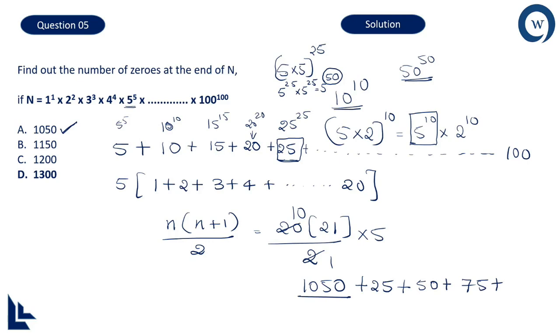And in 100 power 100 you have taken only 100 times 5, but extra 100 is also there. So if you add all of this, you will get 100 plus 75 plus 75 plus 25 is also 100, 200, 250. So extra 250 is there. That's the reason answer is not 1050, but it is 1300. That's the final answer to this question.